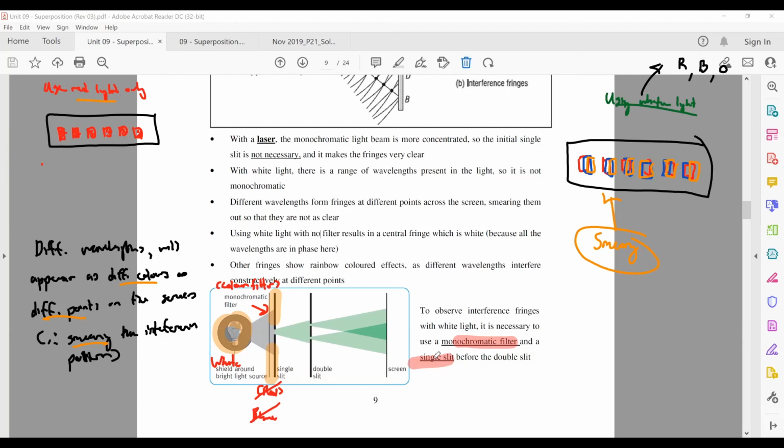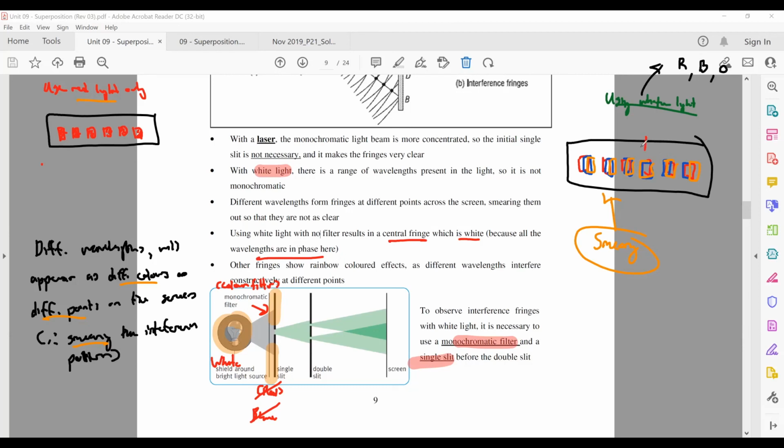So if you're using white light again, let me just go back to the original discussion. If you're using white light, you expect to see those interference fringes form. But specifically, the central fringe will be white because all the wavelengths are in phase here.